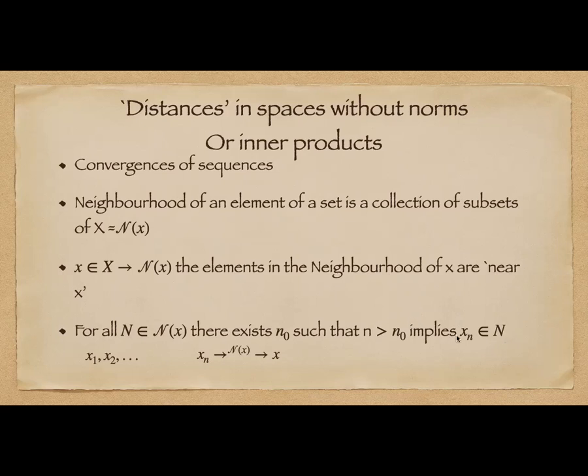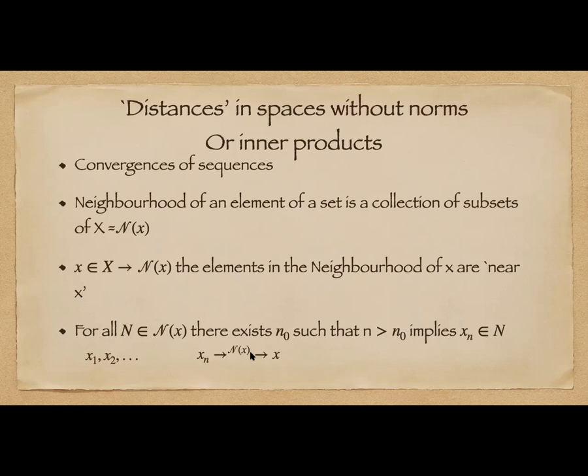So there is a sequence which is converging to the subsets N, and for all the subsets N within the neighborhood space of x. And mathematically, we say that the sequence x_n converges to x under the neighborhood set N_x.